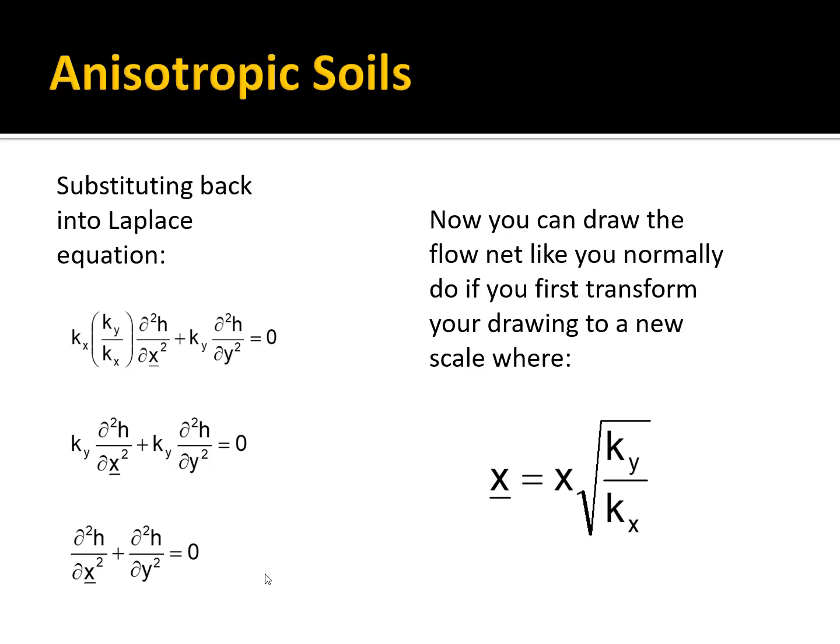In other words, if you use this coordinate transformation on the right, you end up with a Laplace equation using that transformed x and y. In other words, if you transform your drawing, you can draw a normal flownet, as long as you do that transformation.